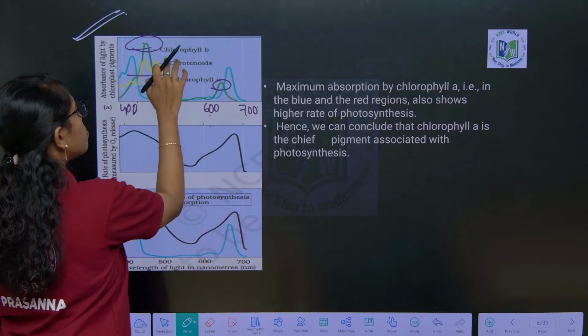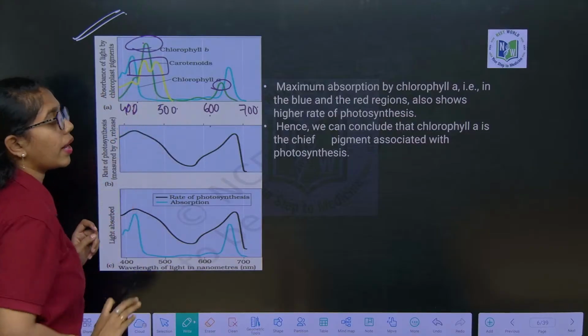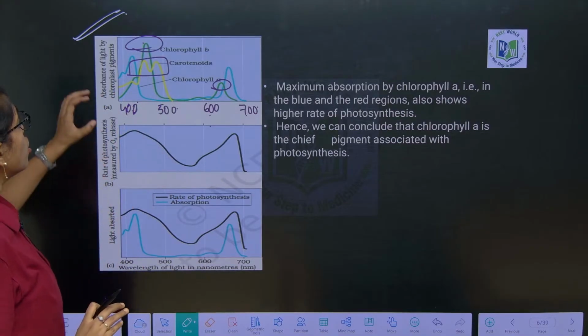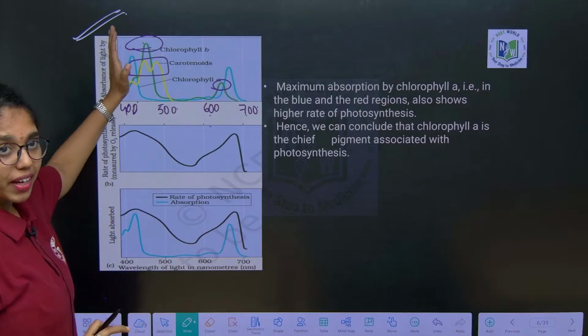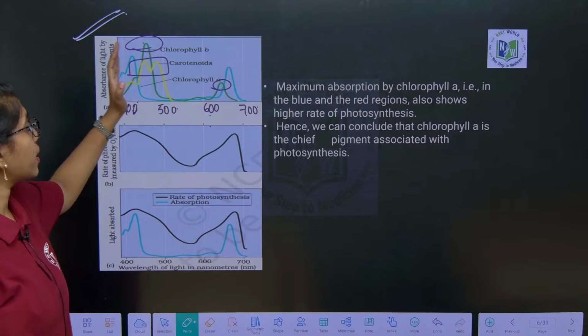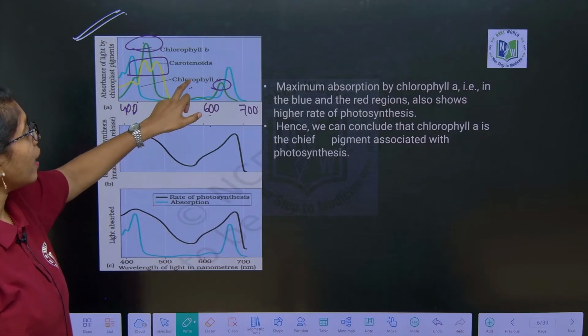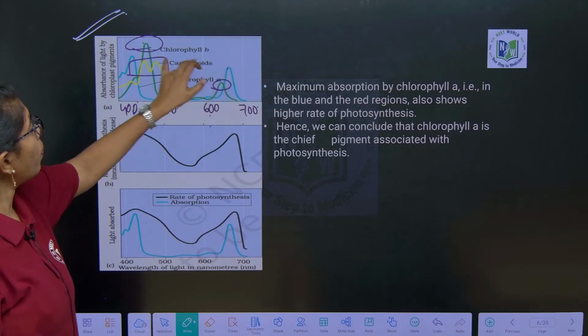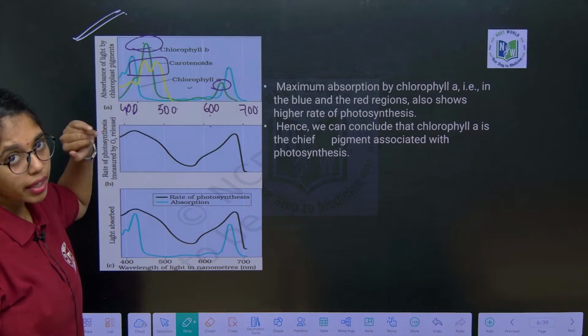Carotenoids are absorbing light only between 400 to 500 nanometers. So in the absorption spectra, the maximum wavelength of light is absorbed by chlorophyll A, where you can consider the two peaks at two different wavelengths.